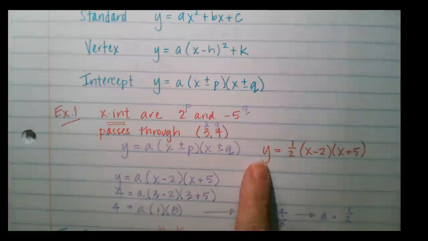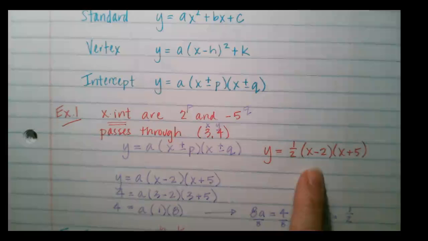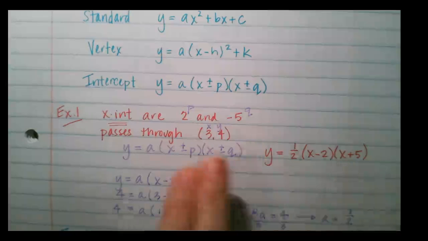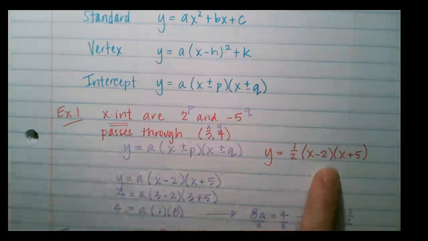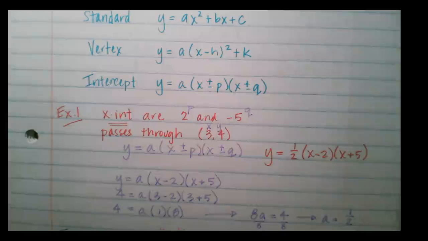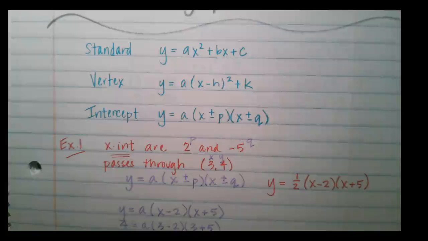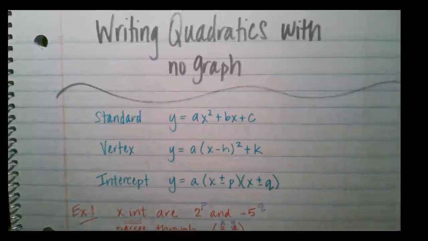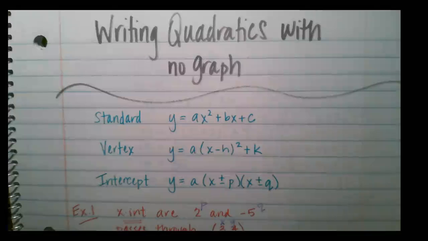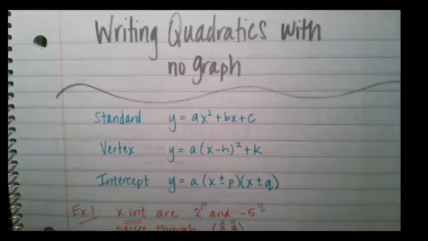So if in this problem we were asked to write this in standard form, we can go ahead and go through using intercept form, but then we would just need to convert this over into standard form, which is what we did in the last example. All right, so that explains how to write the equation of a parabola if you're not given a graph.